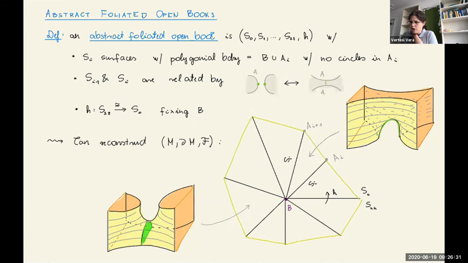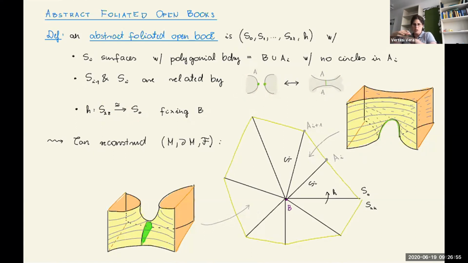And then there is a diffeomorphism which takes the last page into the first page and fixes the binding. The binding never changes, because whatever is changed is on the foliation, near the boundary, which means the boundary of the surface. And then having this information, you can reconstruct your three-manifold.